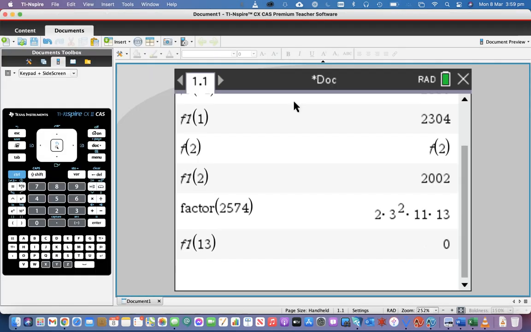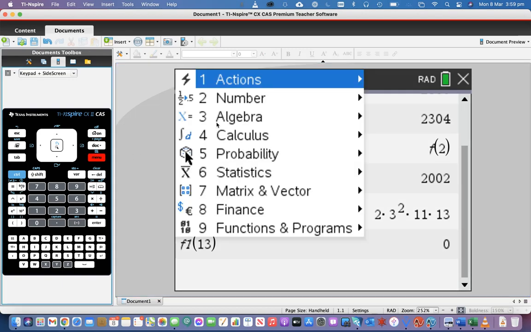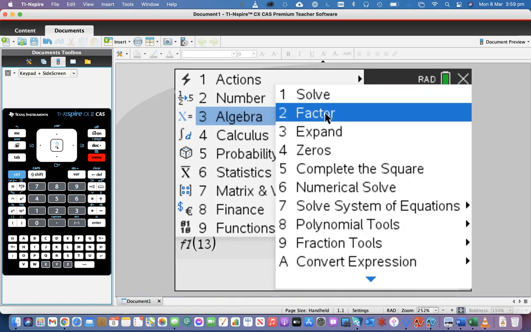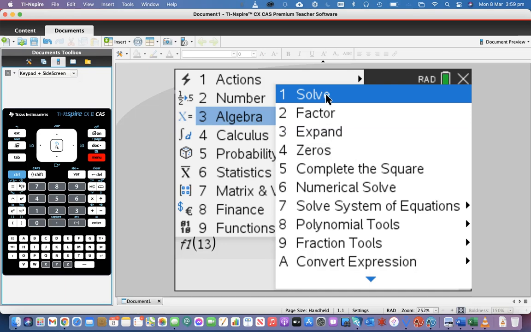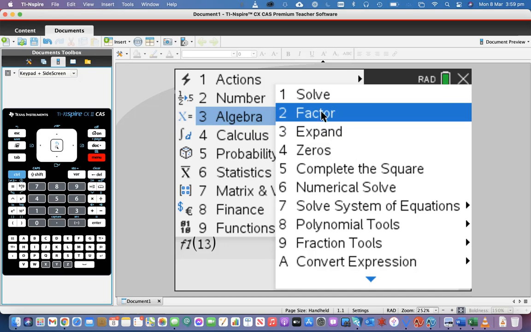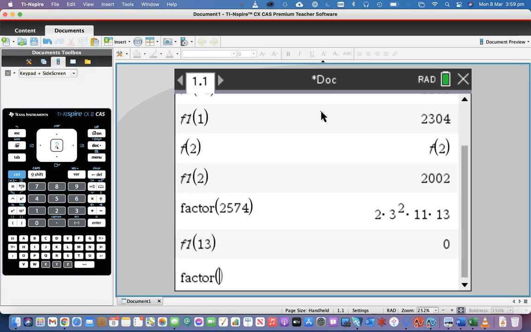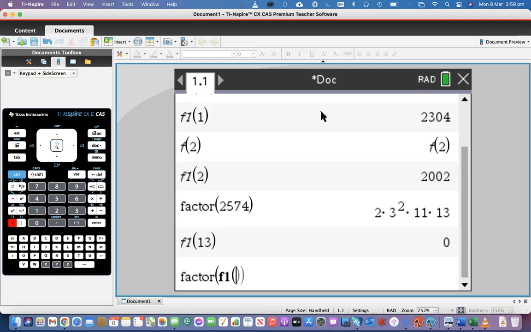Having said that, if it was only worth 1 mark or whatever, I certainly could go to the menu button, go to algebra, and I could go to either factorize or solve, depending on whether we had equals 0 or not. So I'm just going to use factor here. And again, I can just go f1 of x. I don't need to fill out that whole thing again.